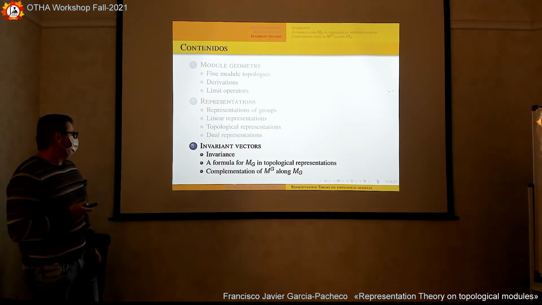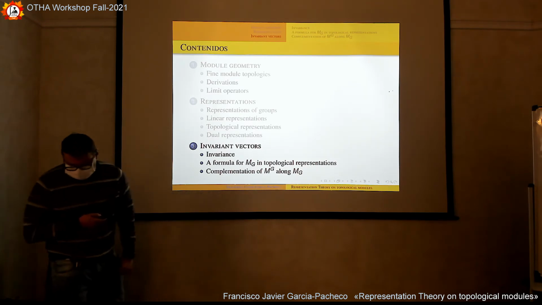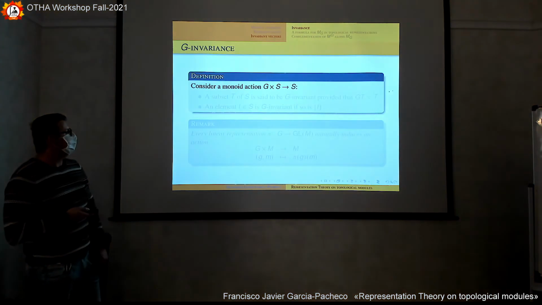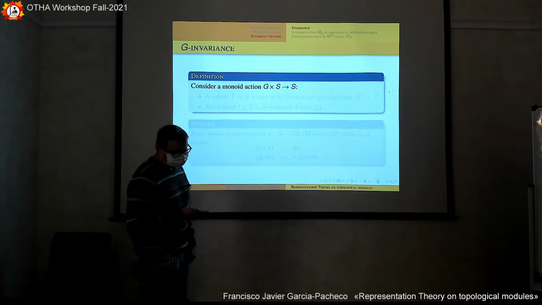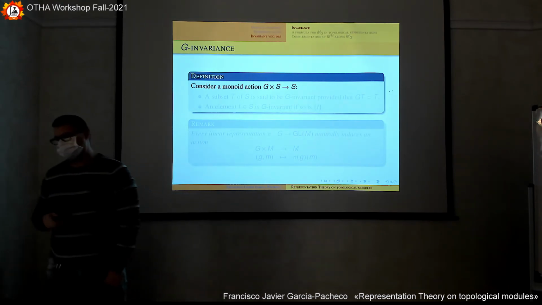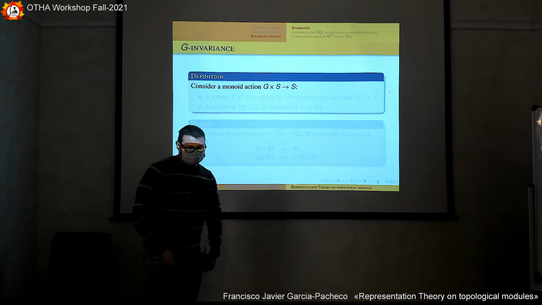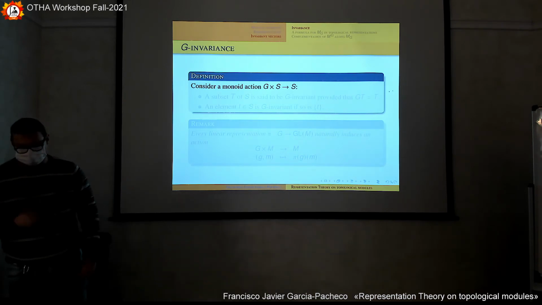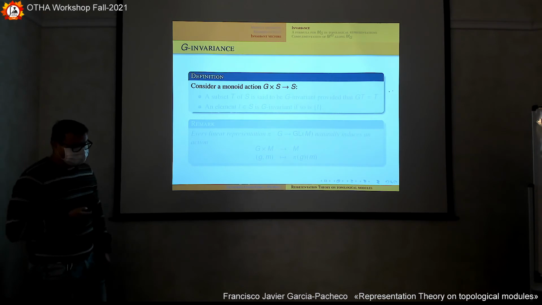And finally, we can work on invariant vectors. First, let's recall some classical concepts of invariance in actions, because the theory of representations is extremely linked to the theory of actions, and the concept of invariance historically comes from the theory of actions.